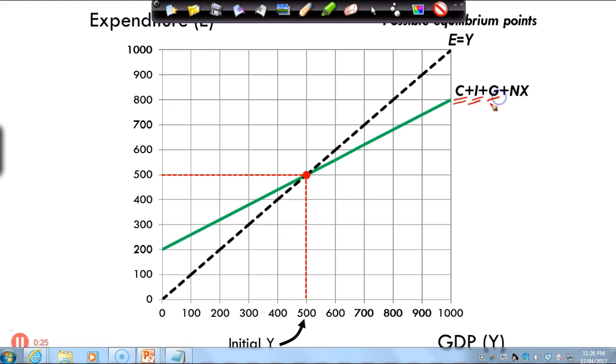Or maybe the government might decide to increase government expenditure and launch a large infrastructure program or something like that. Or there might be an increase in demand for Australia's export goods, independent of what's happening with our economy, which would increase overall expenditure. All right, so we're imagining a situation like that.